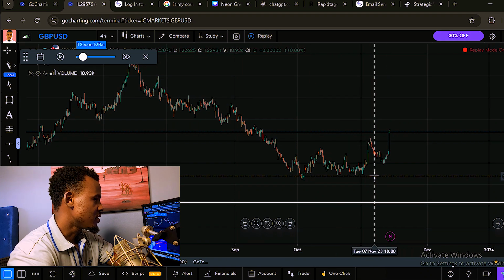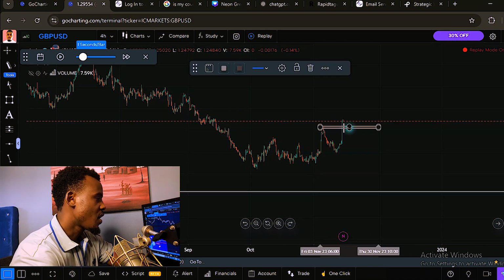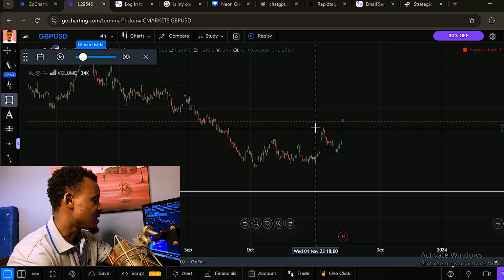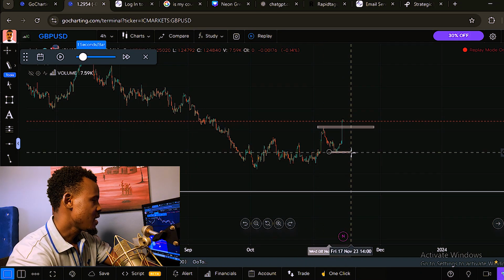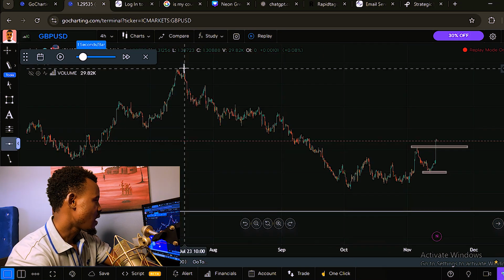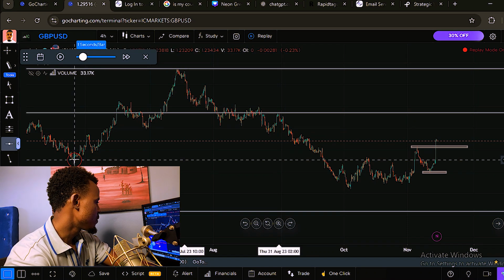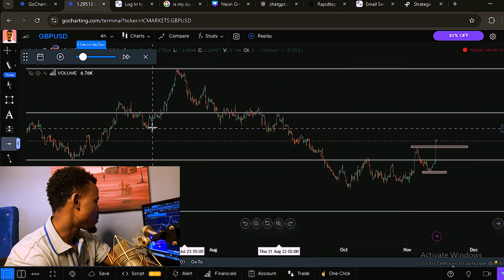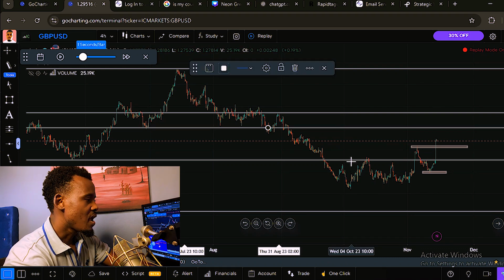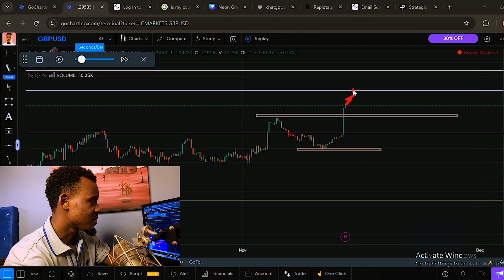At this area, the market is not clear yet. Now at this point, I'm going to mark out my resistance and my support. Here we have a high, a low, another low. See, support and resistance. So price might get here, or price will get back to retest this zone and pull back up, or price will get to this place.